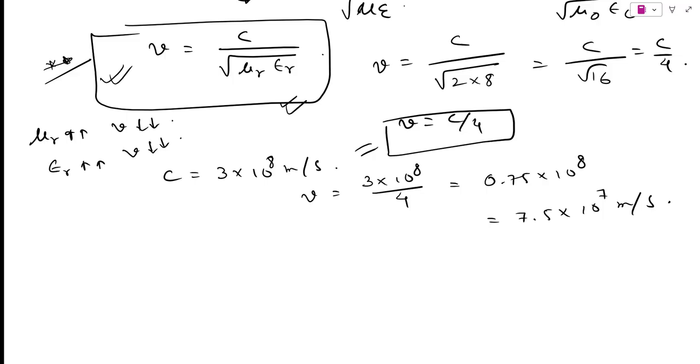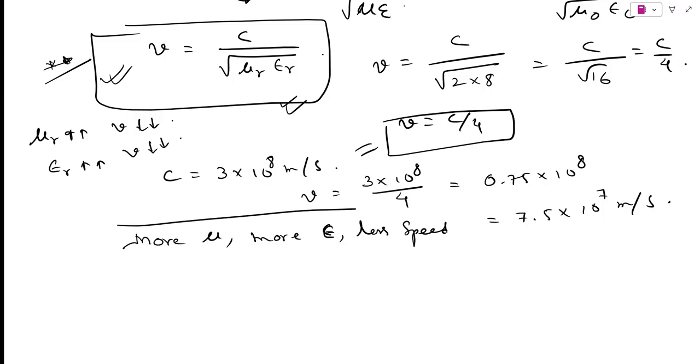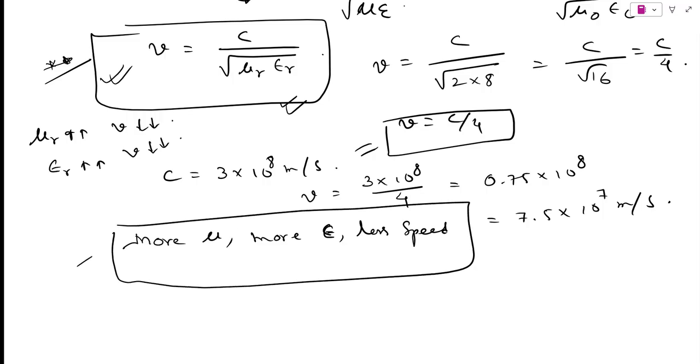Therefore, greater material properties mean slower wave propagation. So remember this simple thing: more mu, more epsilon, less speed. This is also very important.